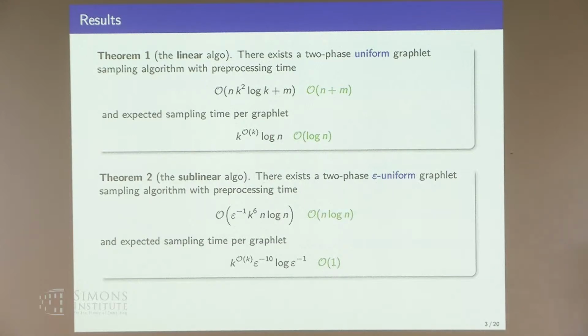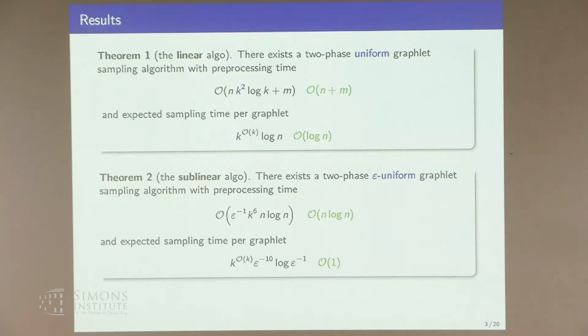So I got into this problem, and I'll tell you directly what the results are. The two results that I proved some years ago are these two algorithms, which I call the linear one and the sublinear one. The first one says that there exists an algorithm that returns exactly uniform k-subgraphs from the graph, so samples that are perfectly uniformly distributed with no approximation.